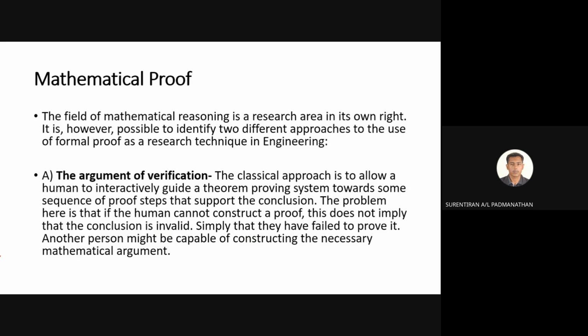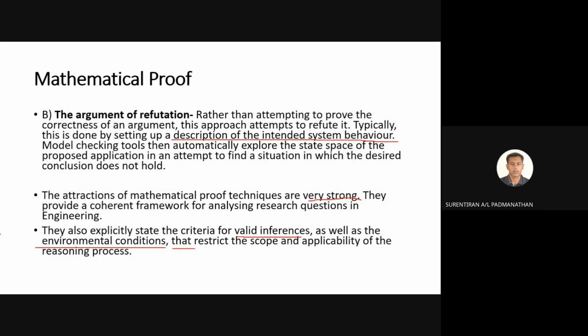So another one is the argument of refutation. Rather than attempting to prove the correctness of an argument, this approach attempts to refute it. Typically, this is done by setting up a description of the intended system behavior.